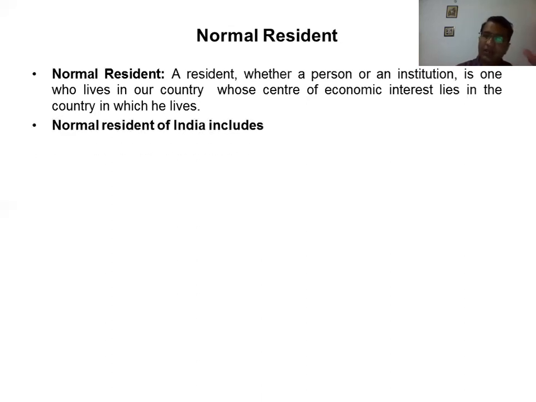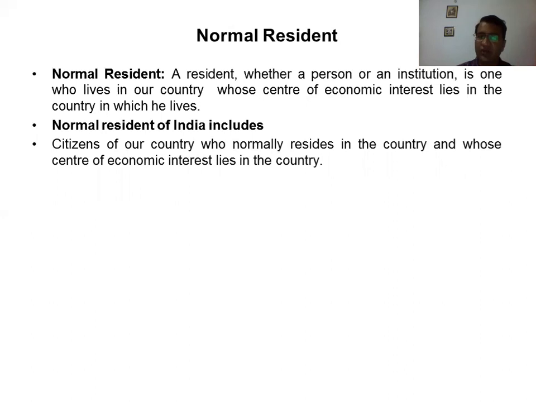Normal residents of India include citizens who normally reside in the country and whose center of economic interest lies in the country. Center of economic interest means he is earning in the country and spending in the country. Sometimes investment is also included. So that person is a normal resident of India because his economic interest lies in that country.